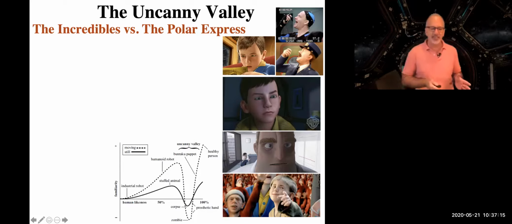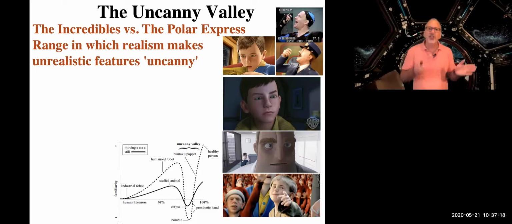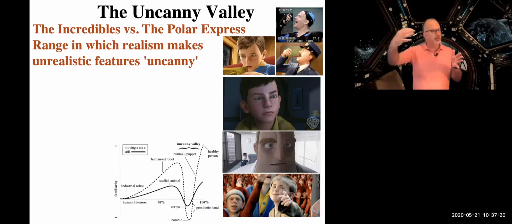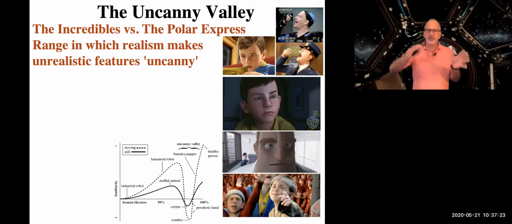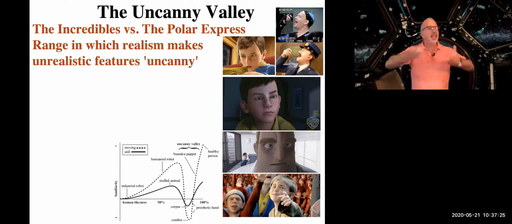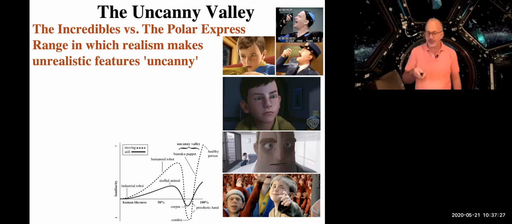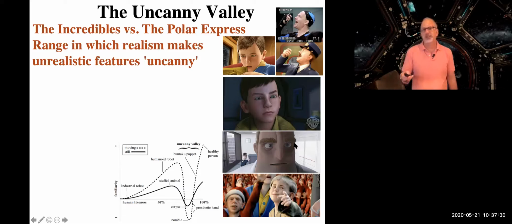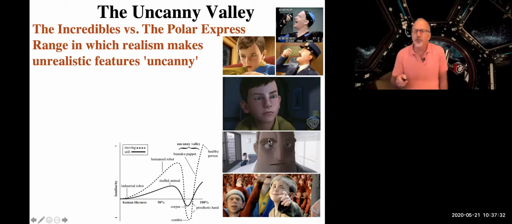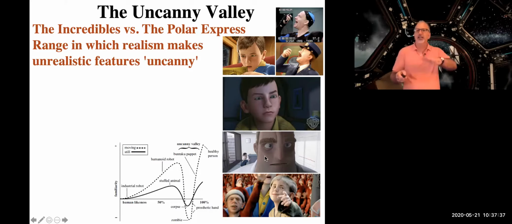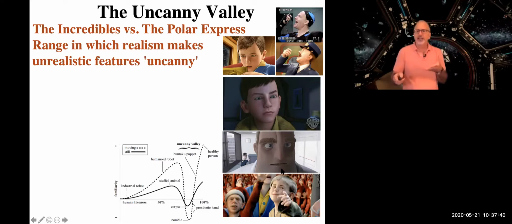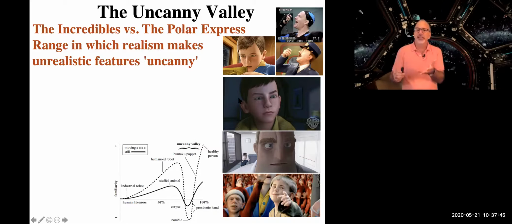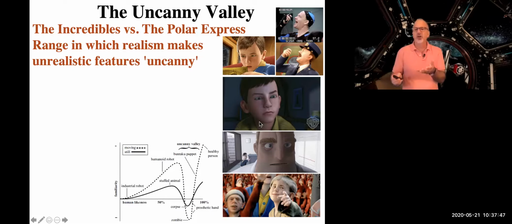And that's the idea of the Uncanny Valley, that there's a range in which realism on a body, on a face, seems to make it uncanny. It makes any unrealistic features uncanny. So as they move, this is, I think, still the most intuitive example, from Mr. Incredible's kind of caricatured, elongated, cartoon face, and brought in the features to make it more and more realistic, as they did here for Polar Express, then all of a sudden, you're noticing things that are weird about it.